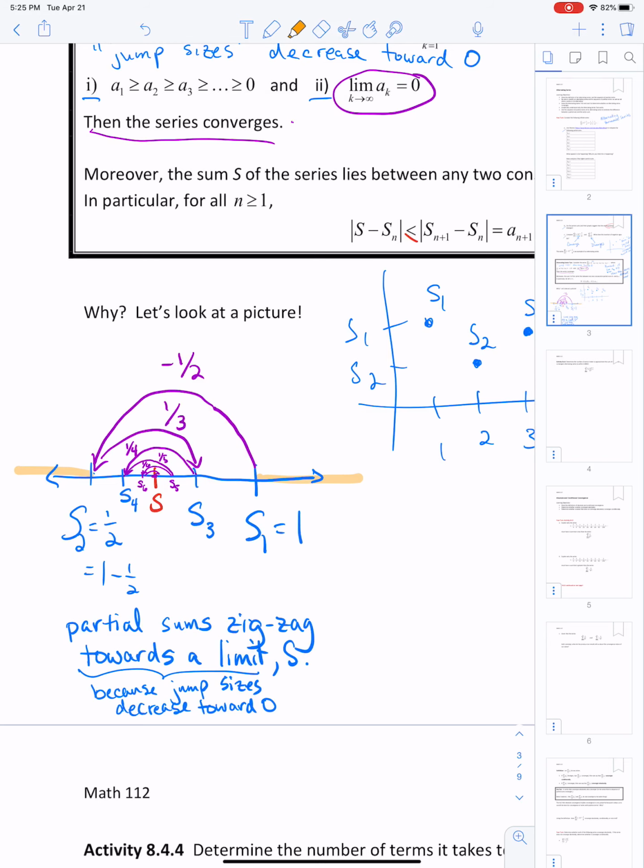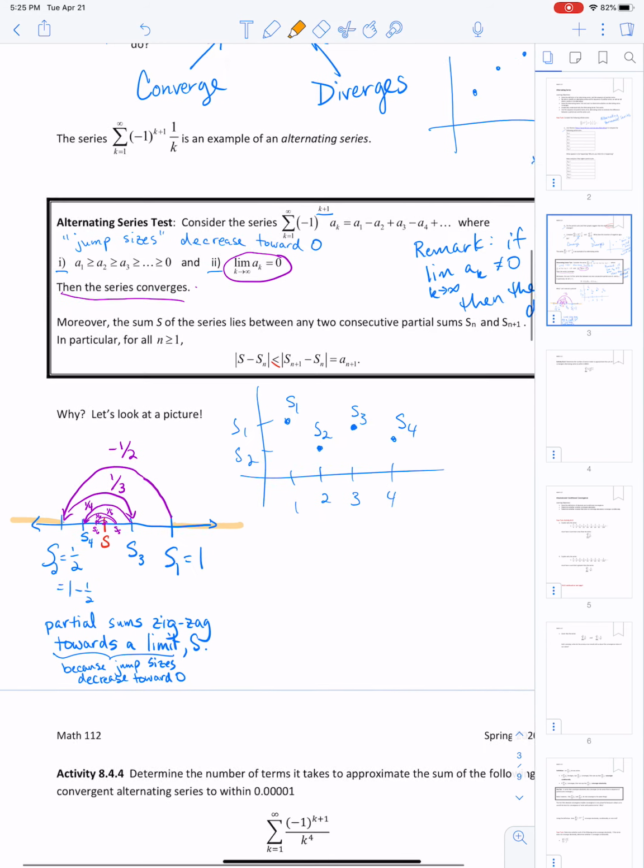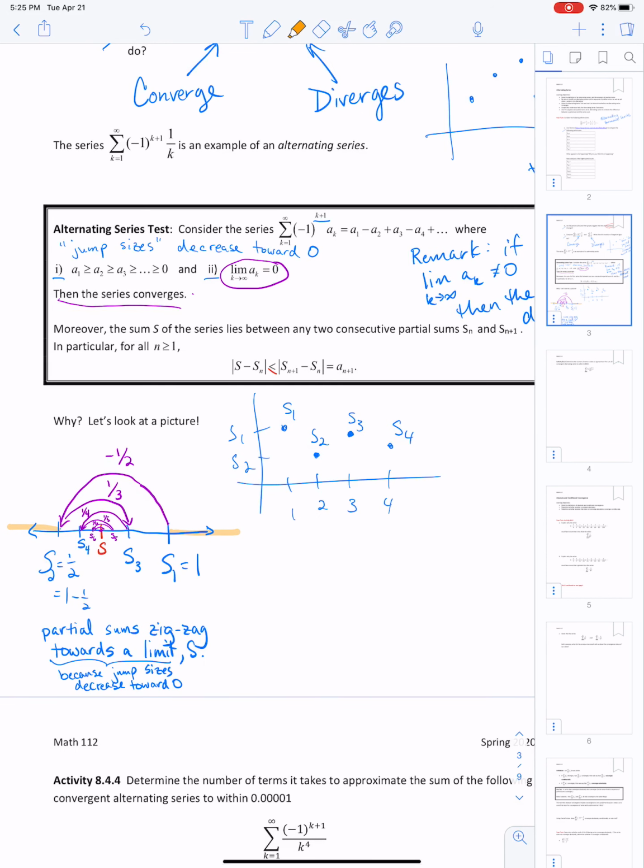In other words, the limit S lies between any 2 consecutive partial sums. Okay, so let's think about that then. So we know that the limit has to be in between 2 partial sums. Let me go ahead and just draw a third picture for you here.